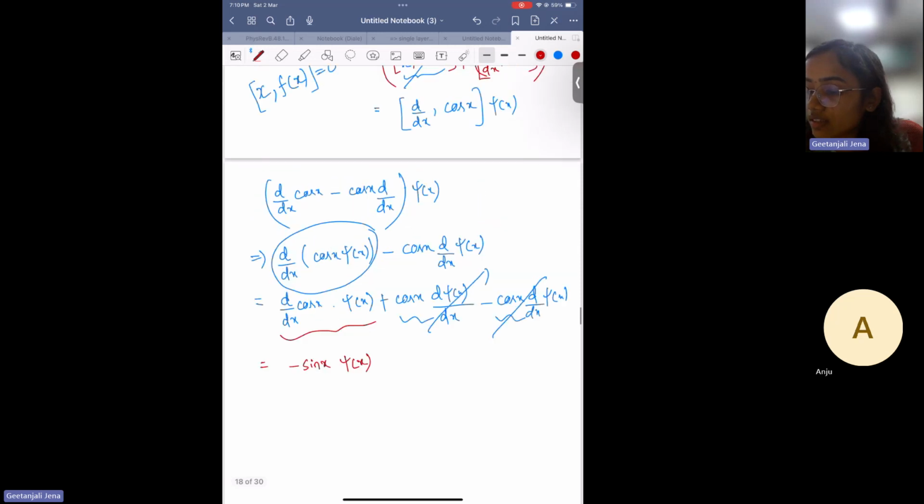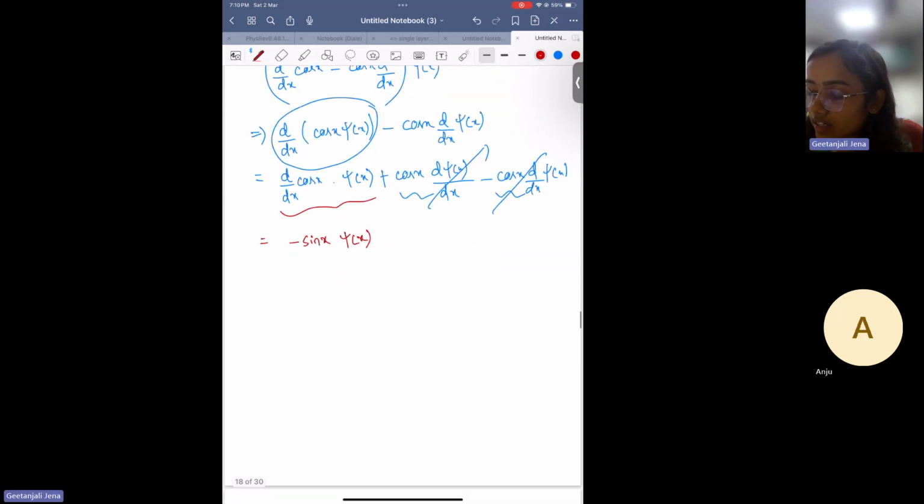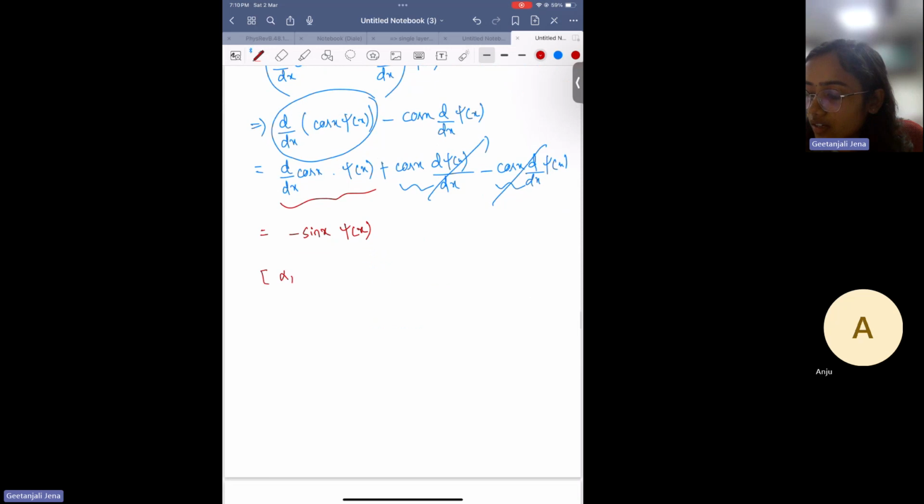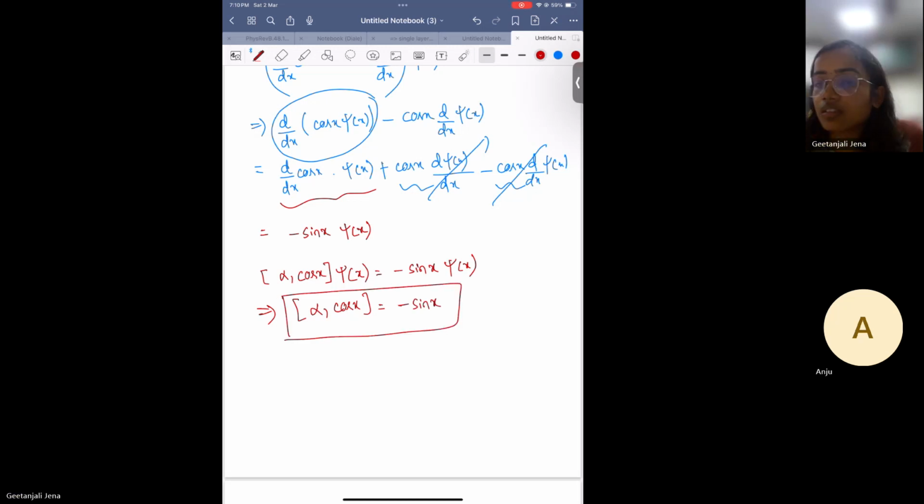So when the commutator of alpha with cos x acts on the generalized state psi of x, you get minus sin x times psi of x. That means the commutator of alpha with cos x is nothing but minus sin x.